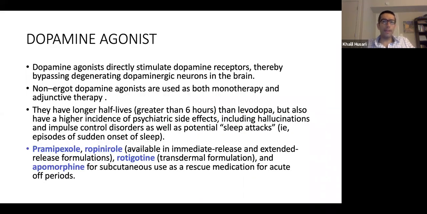Now, dopamine agonists are another option. They directly stimulate the dopamine receptors, right? So thereby they bypass the degenerating dopaminergic neurons in the brain. They have a longer half-life than levodopa, greater than 6 hours.